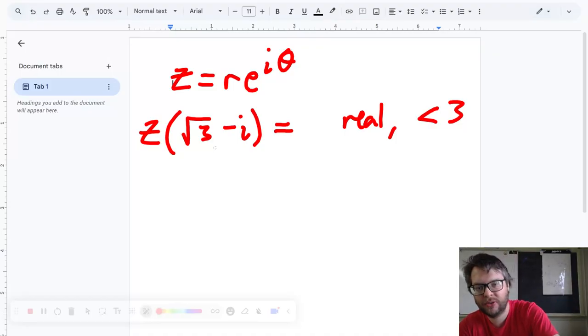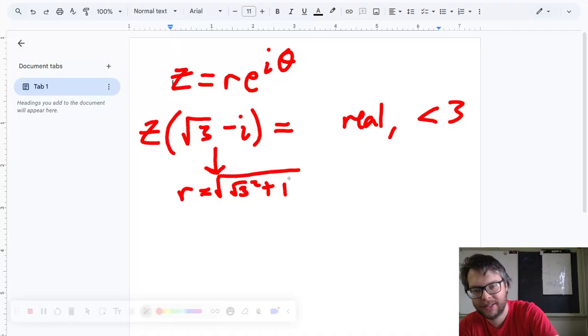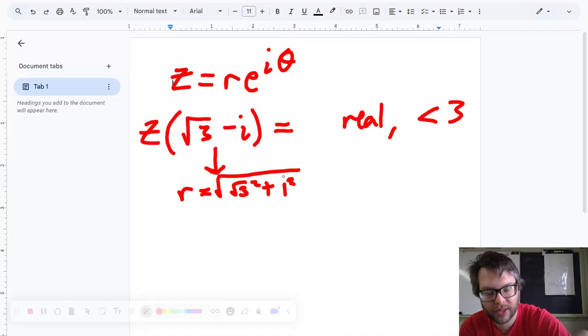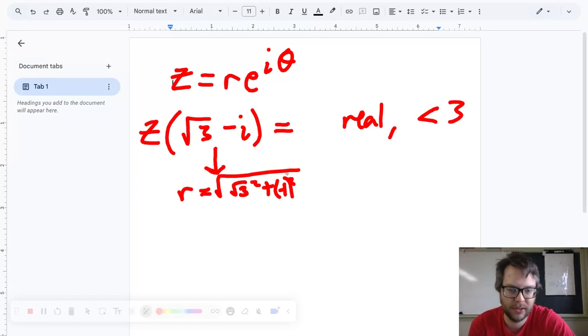So I'm going to convert this to re to the i theta. The r is going to be the square root of the real part squared plus the imaginary part squared. And the number negative i is just one step away from the origin, so you could think of that as 1 squared, or negative 1 squared. Both of those are fine.